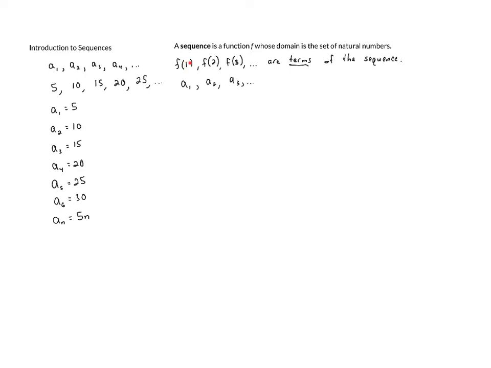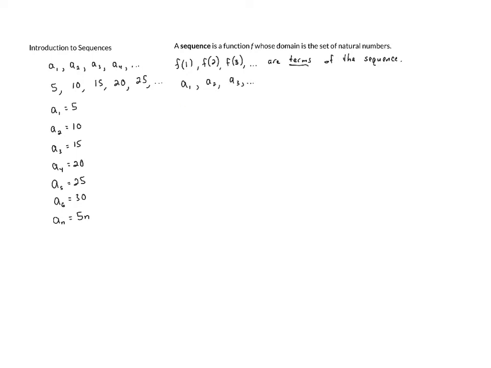It is only defined for 1, 2, 3, 4, 5, etc. And so generally, when we're dealing with sequences, we call the terms a sub 1, a sub 2, a sub 3, etc. This shows that we're specifically working with a sequence instead of just any of the functions that we've seen earlier.